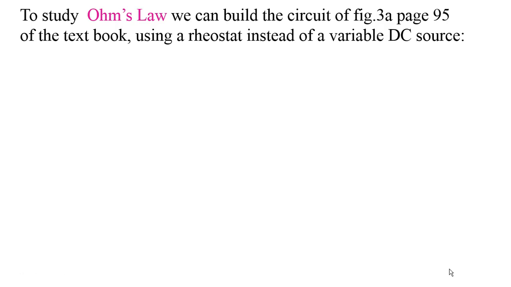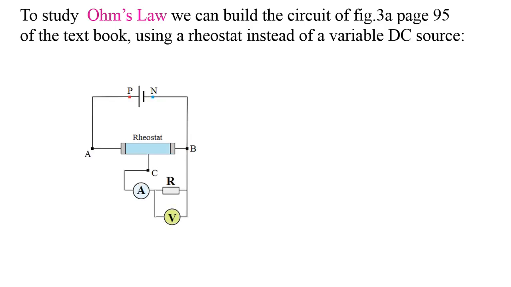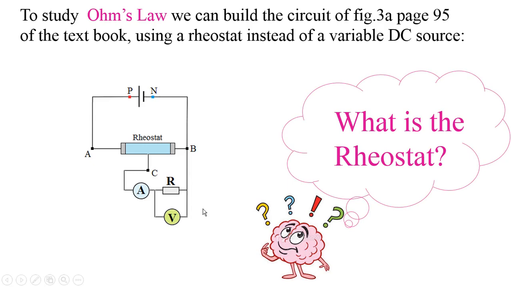To study Ohm's law, we can build a circuit by using a rheostat instead of a variable DC source. As this figure shows, here we have a DC source of constant voltage, a rheostat, an ammeter to measure the current, a voltmeter to measure the voltage, and of course a resistor.